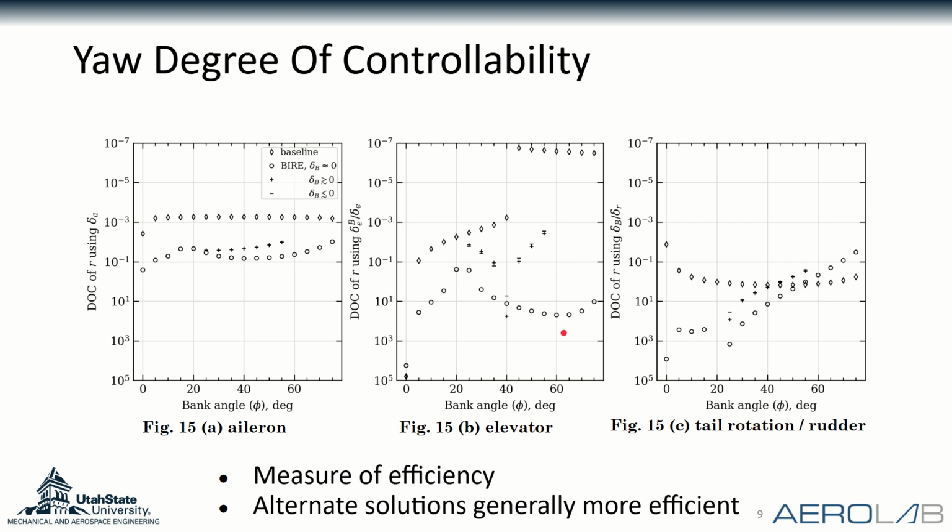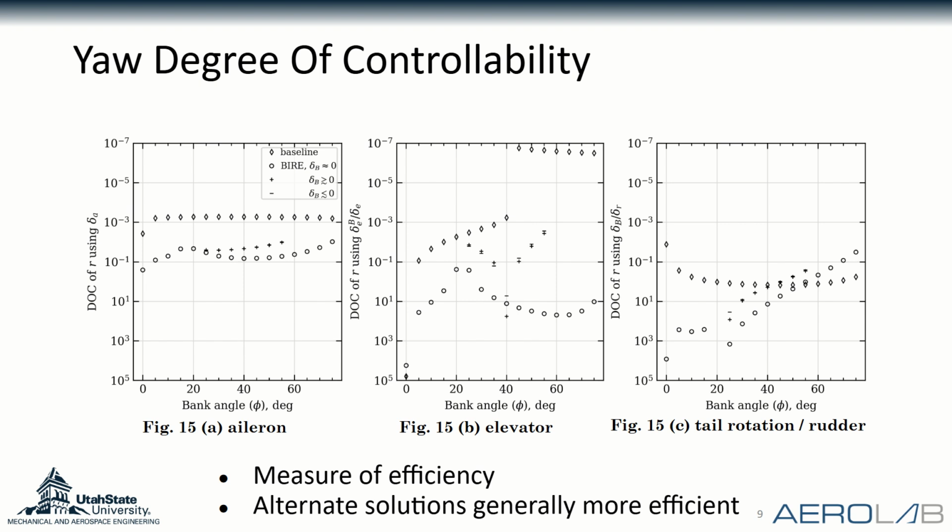Now, something to note is that we have flipped the y-axis over here. So generally we want a smaller degree of controllability that indicates a greater efficiency in using a given control effector for damping out a given disturbance in a state. Now we've flipped the y-axis. What does that mean?